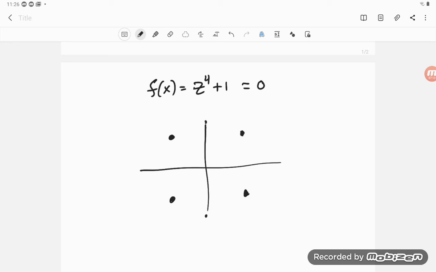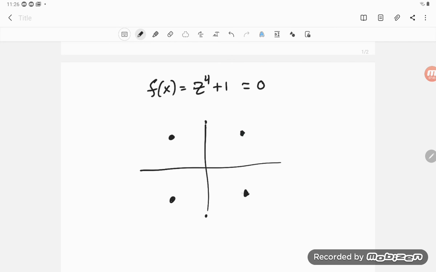And so they go a little bit further with this, and they say, well, if z is a root, so is -z. Okay, so notice that's the other part of this.